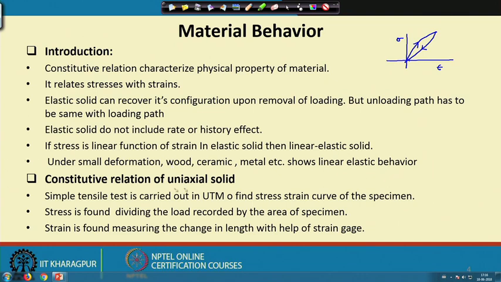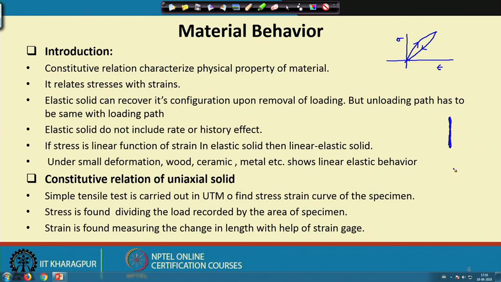Now, probably all of you have done some test on uniaxial solids, where we carry out a simple tension test. If you remember, we tested a rod in the laboratory, where we see the cup and cone behavior of the rod, and in a universal testing machine we obtain the stress strain curve.